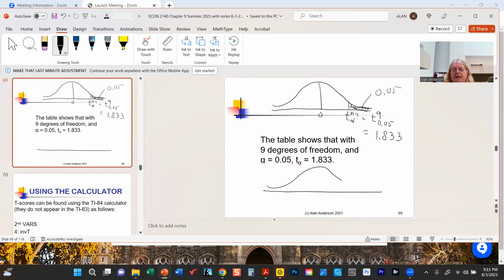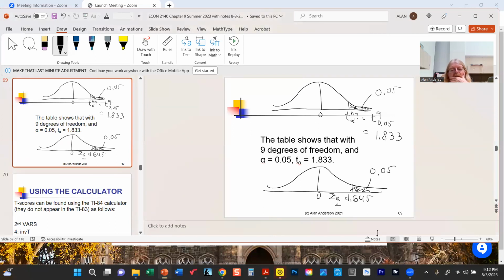Now, had this been the standard normal distribution, I would remind you that with 5% in the right tail, and we saw this earlier tonight, we would have... So what is happening is that for the same alphas, I should say, the t-score will always be higher than the corresponding z-score.